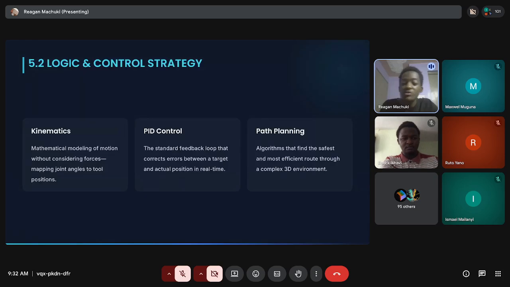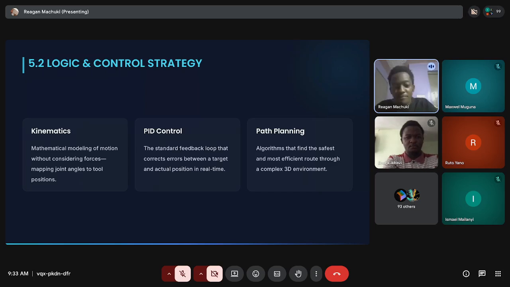And finally, path planning, which is an algorithm that finds the safest and most efficient route through a complex 3D environment. ROS can be used in making autonomous vehicles, research robots, drones, and service robots. Many universities and research labs use ROS because it simplifies robot development.